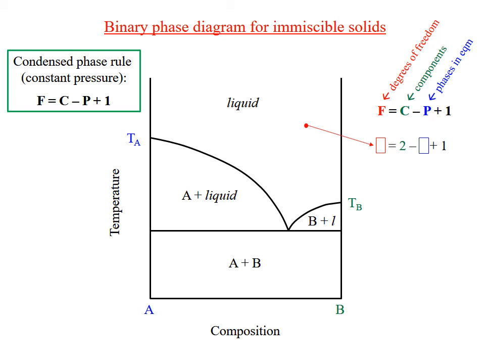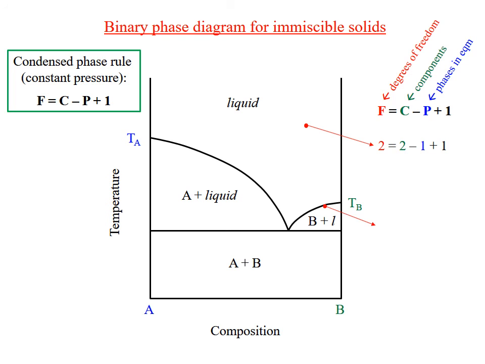So for example, at this point here, I have one phase in equilibrium, which is a liquid. Therefore, I have 2 degrees of freedom. So that means that I could vary the composition without changing the temperature, and I could vary the temperature without changing the composition.